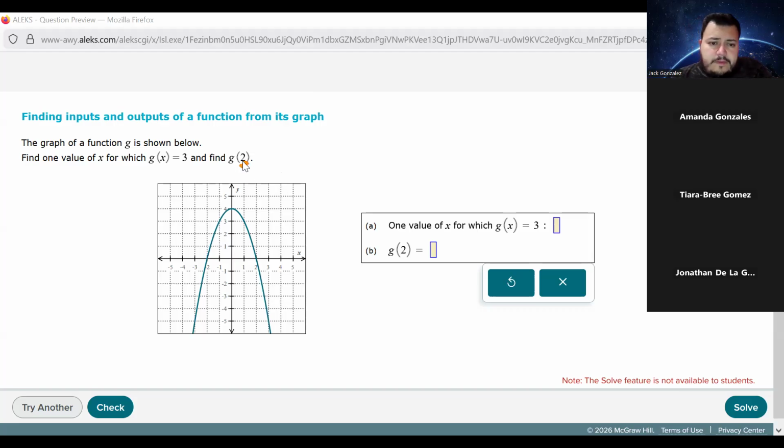And we said this is the input, right? This is the x value. So if you had the equation, you would plug into anywhere you had an x. We don't have the equation, so you just need to understand the concept. We know that means plug in 2 and see what the output is. Well, there's 2. What is the y value here? Because that would be your answer.